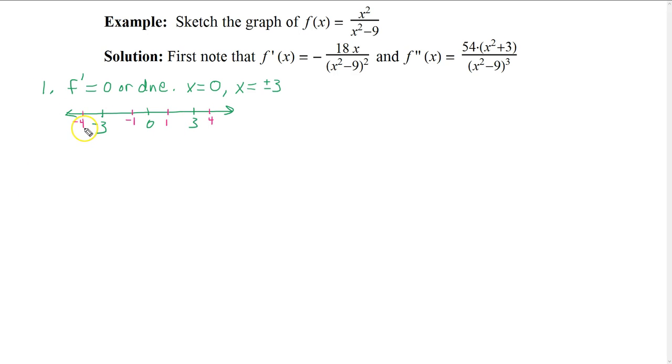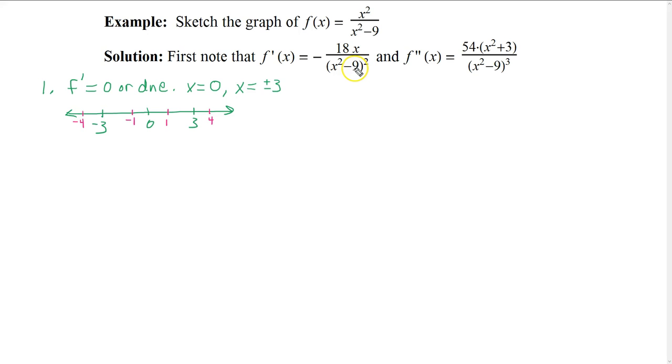And notice that if we put -4 into the derivative function, now keep in mind we have a negative out here, we will get 18 times -4, that's going to be a negative number. This negative will make it positive. Now notice that the denominator is always positive because of the square. So we don't really need to worry about the sign of the denominator.